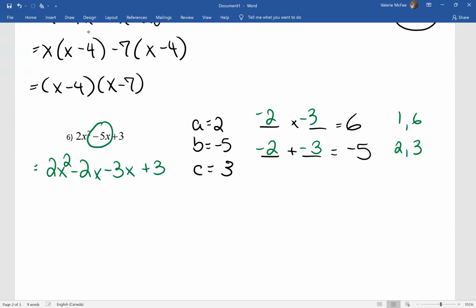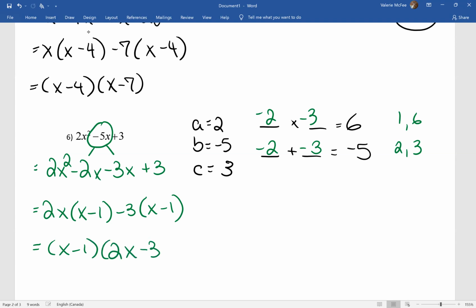So instead of writing minus 5x, we use the numbers we found. We see that 2x is common here. Negative 3 is common here. Now x minus 1 times 2x minus 3 is our factored answer.